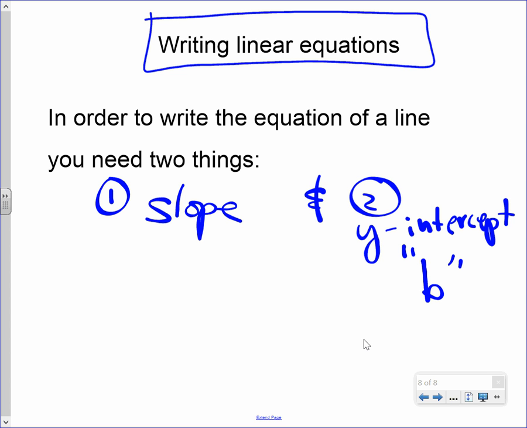No, M. So I'm going to put M. Well, x is always whatever the input value is for the equation. The slope is always, you multiply the slope by the x all the time.